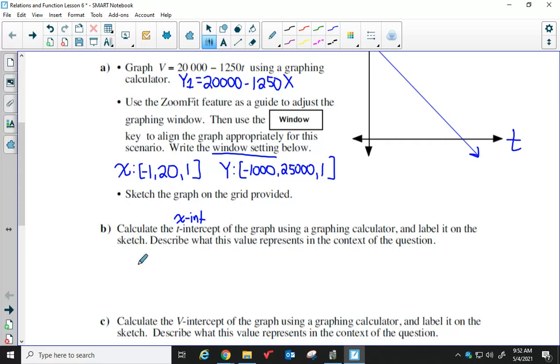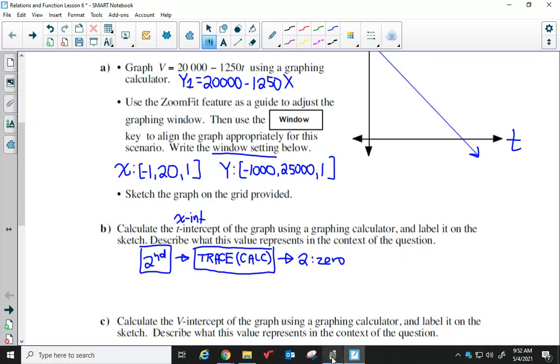So the way to access that is you would hit second and then trace, which will actually access the calculate. And then you pick option number 2, which is going to be 0.